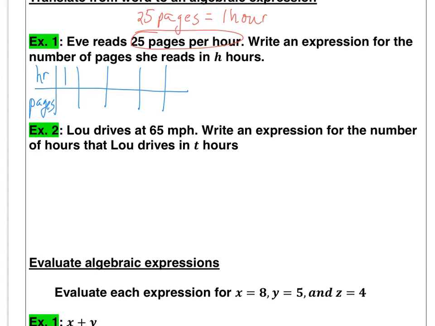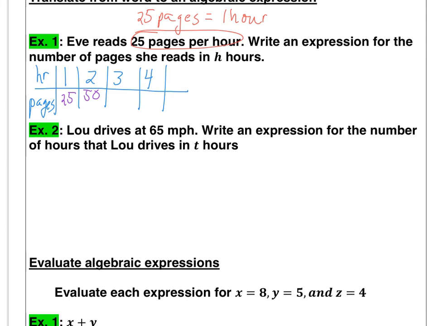So we're going to have 1 hour, 2 hours, 3 hours, and 4 hours. So after 1 hour, according to this, Eve should have read 25 pages. After 2 hours, she should have read 25 pages plus 25 pages, so that would be 50 pages.